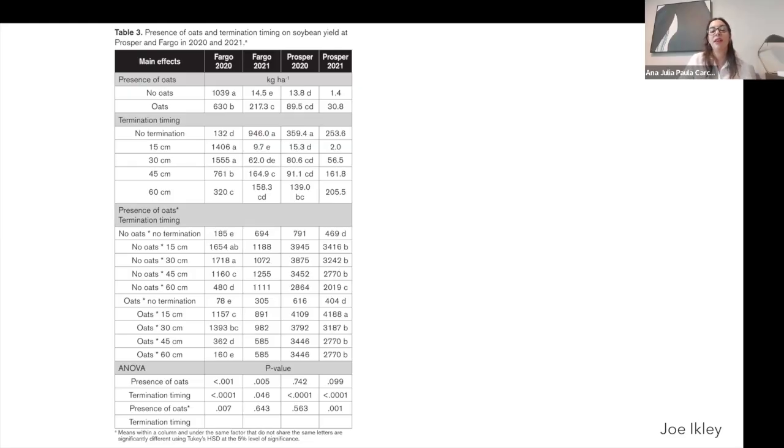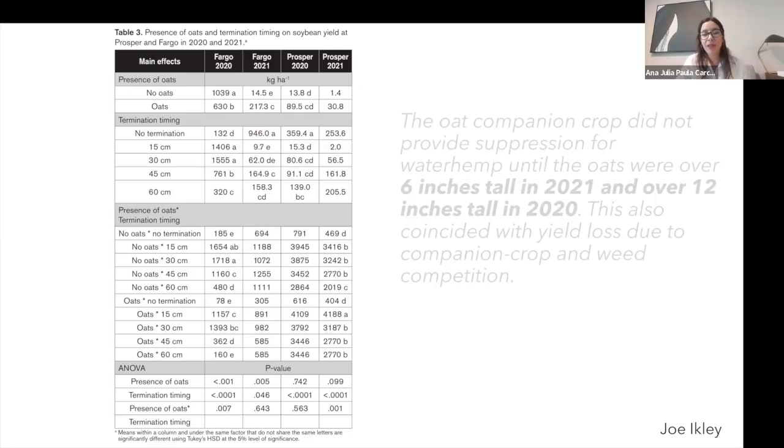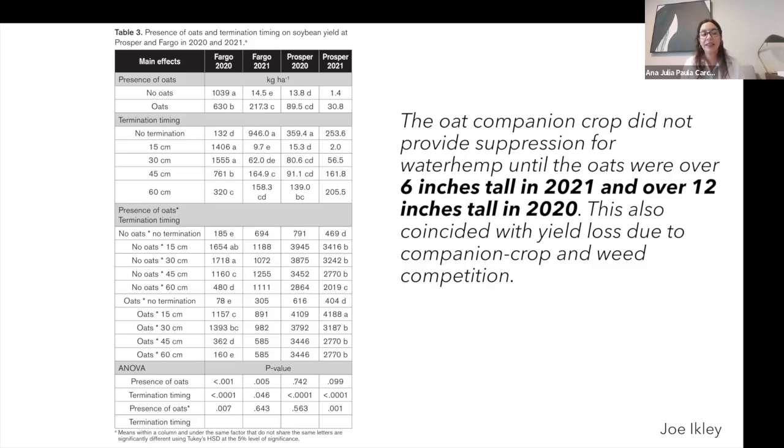Even though he generated really valuable information, and what I'm going to highlight is that if you're thinking on the idea of using a companion crop, what Joe found out is that if you terminate that companion crop, in this case, Joe used oats at 6 inches, between 6 or 12 inches, I will go to 6 inches.